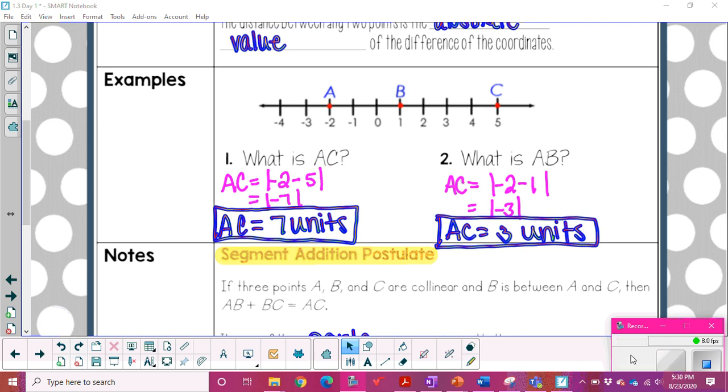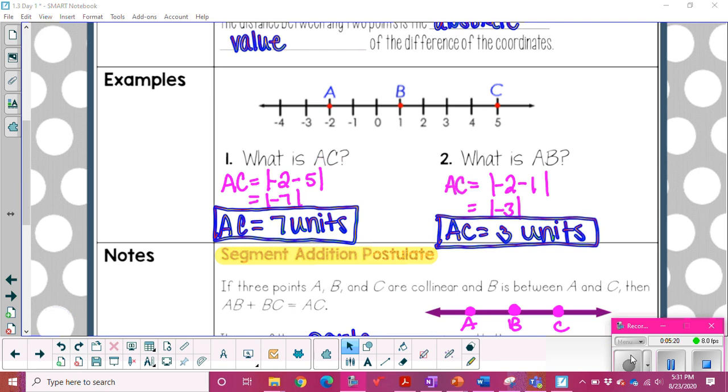You have a line, because it says they are collinear, so here's your line. And you have points A, B, and C which are collinear, but B is between points A and C. You don't need a star there, you need a point. So point A can be here, point C can be here, and point B is between them.